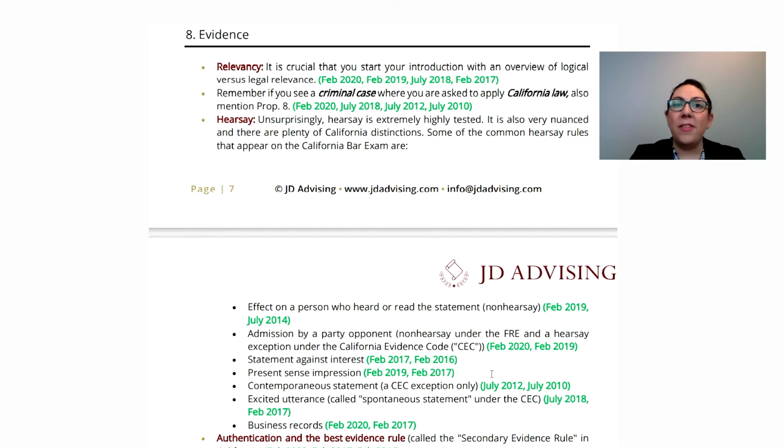And that includes whether the evidence is logically relevant and then whether it's legally relevant. This is almost always an issue for every single piece of evidence that is ever tested on any evidence essay. If it's a California law evidence question and it's a criminal case, you also want to remember to start out by mentioning Proposition 8, which allows additional evidence into evidence in criminal cases in California.